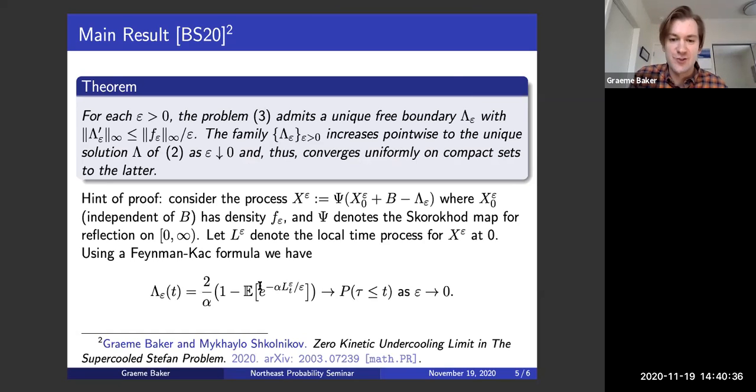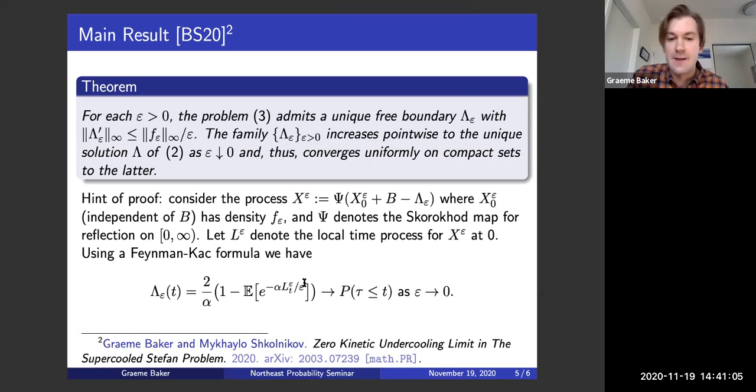And so I have this arrow here. This converges to the probability that tau is less than or equal to t, which was lambda t from the original problem. You have to be careful here, but basically what you do is you write in this expectation, you split up into the set where tau is less than or equal to t and where it's greater than t.